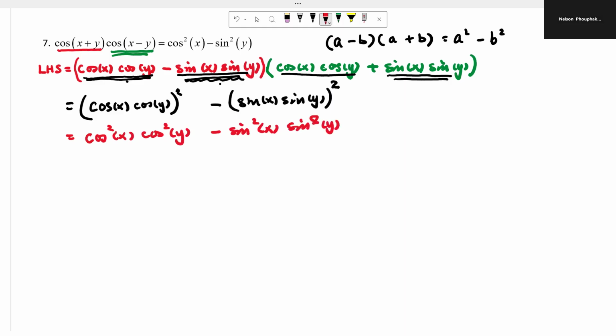Okay, so this is what we have. And then let us look back to the problem. The solution that we have is cosine squared x minus sine squared y. It seems that maybe I would like to keep cosine squared x and sine squared y. That means I need to find something to work with these terms.